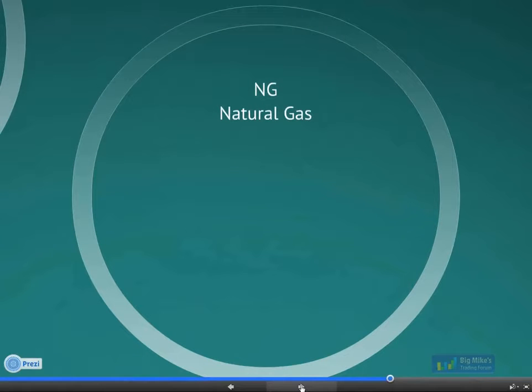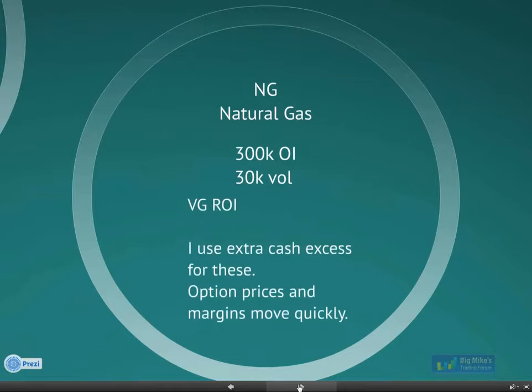Natural gas, 300,000 open interest, 30,000 trades a day. Very good open interest, return on investment on that one. But on those, you need to use extra cash excess because option prices and margins move quickly.